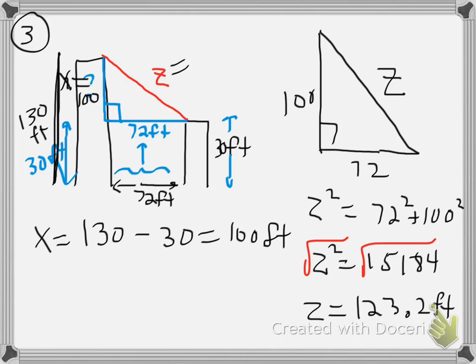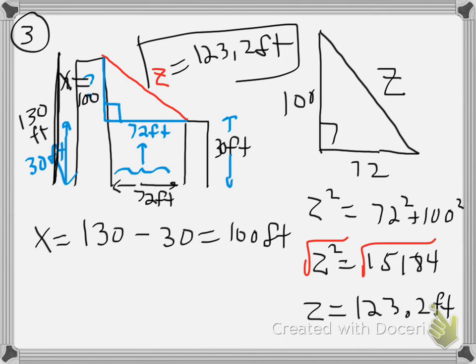It said to round it to the nearest tenth, so that's the first decimal. It was 123.22, so that rounds to 123.2 feet. And you'll find that on one of the answer choices.